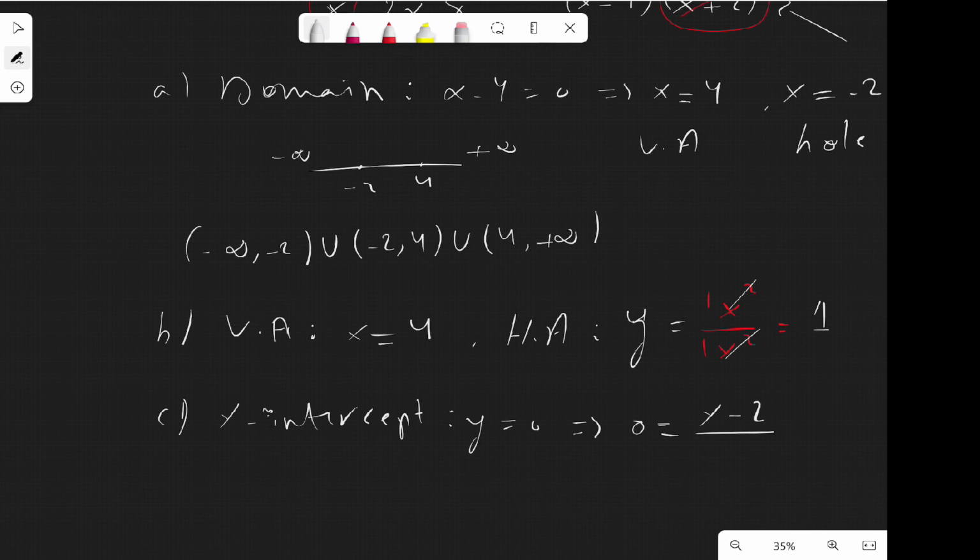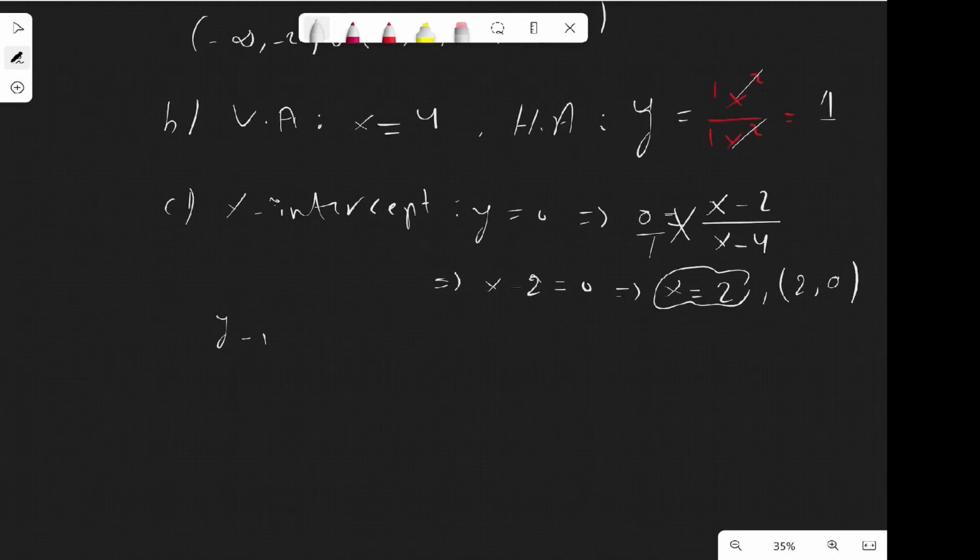So 0 is equal x minus 2 divided by x minus 4. Cross multiply, which means that x minus 2 is equal to 0. Solving, we get x equal 2. So the point is x equal 2 and y is 0.